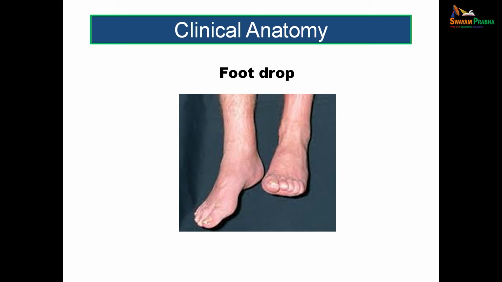Any injury to the sciatic nerve or its terminal branches, that is the common peroneal nerve, can result in a condition called foot drop. As you can see, the right foot is plantar flexed. So, when a person has lifted the foot off the ground, it will be plantar flexed, hanging down, whereas the left foot is normal.